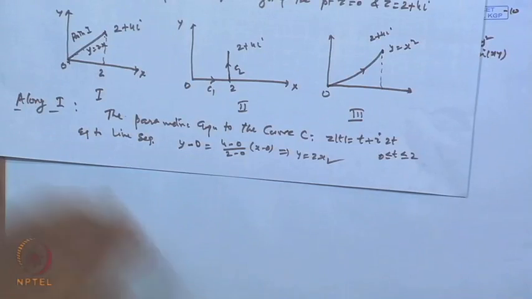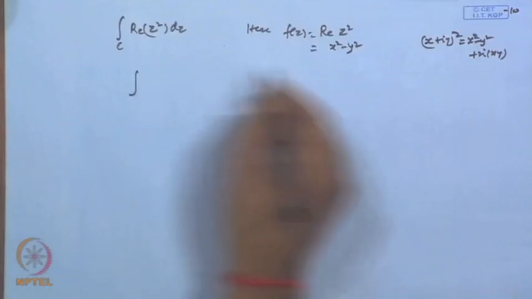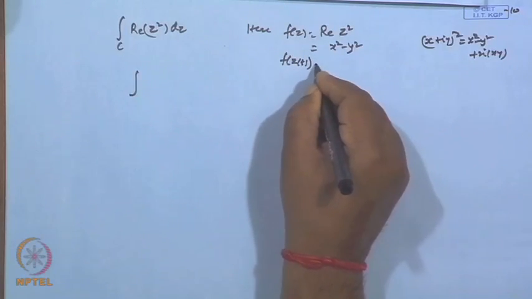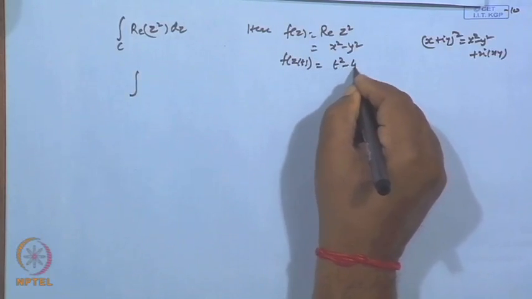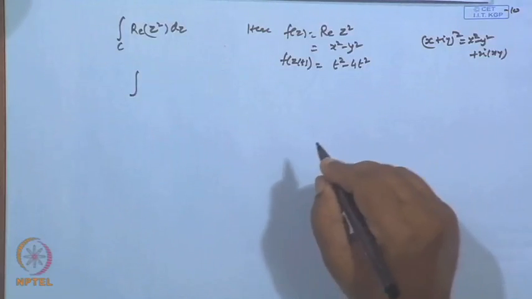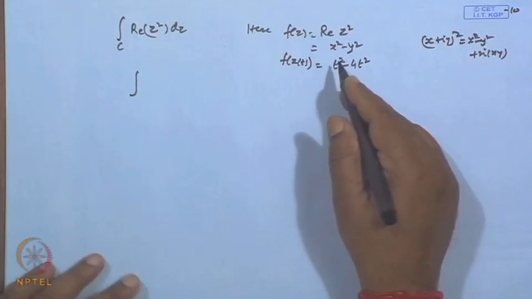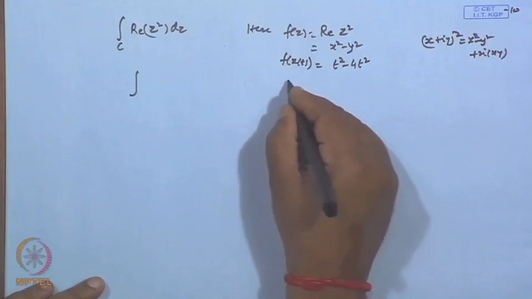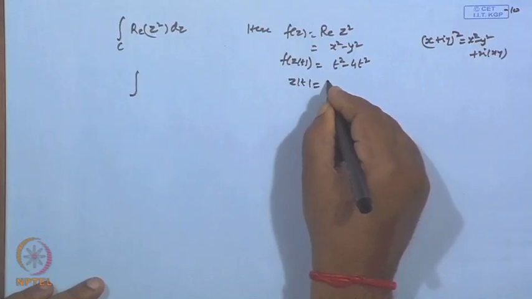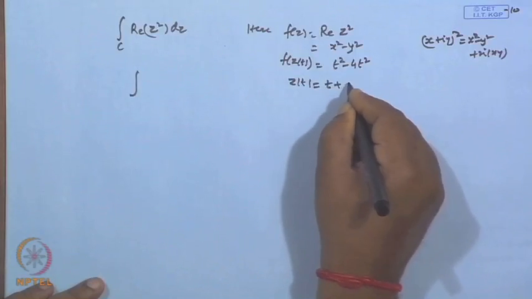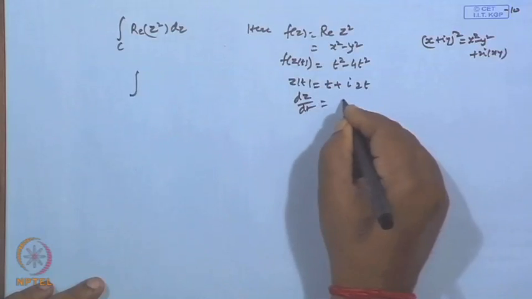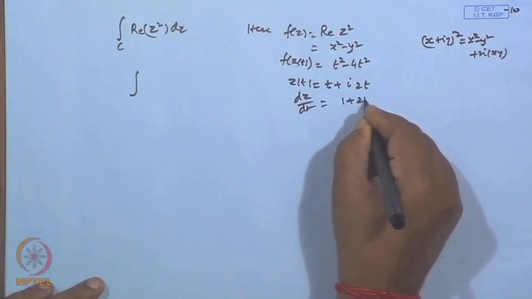So, the value of this at z(t) is nothing but t square minus 4t square, is it not? Because z(t) is t plus i times 2t. So, dz/dt becomes 1 plus 2i.